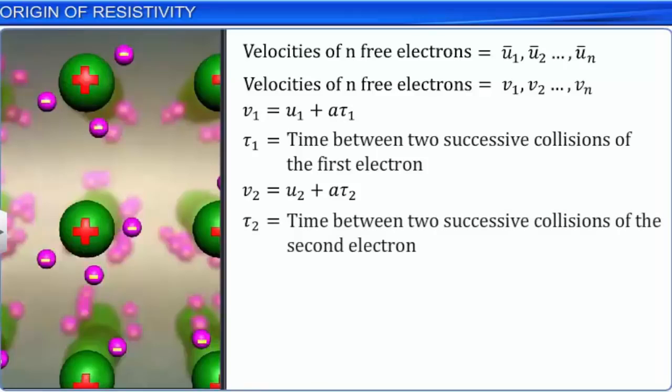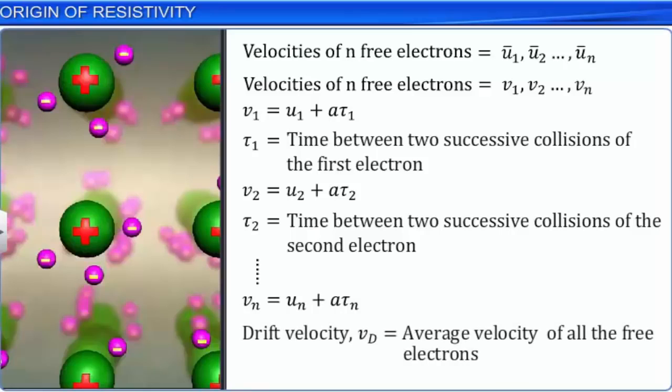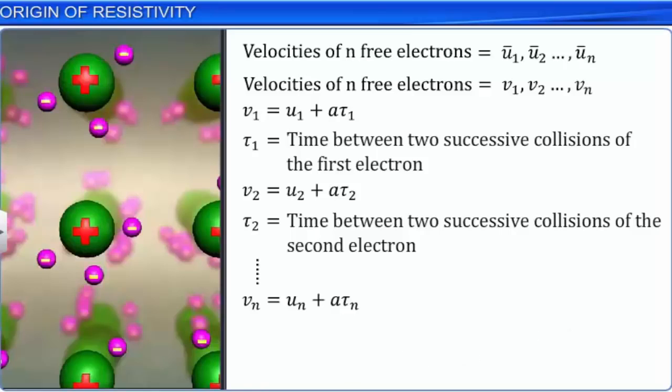And so on till vn is equal to un plus a into tau n. The average velocity of all the free electrons is equal to the drift velocity vd. Hence, vd is equal to v1 plus v2 plus so on plus vn divided by n.